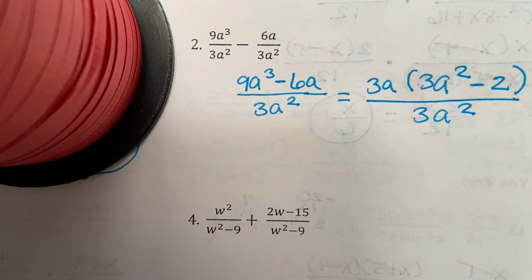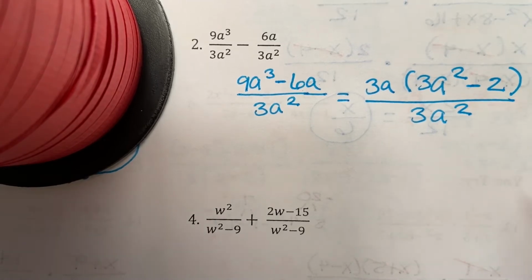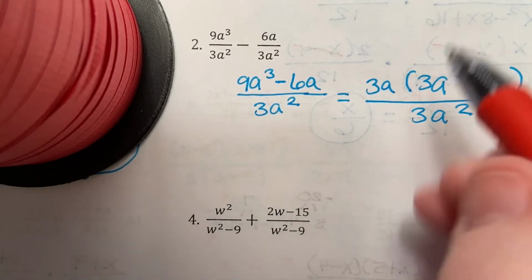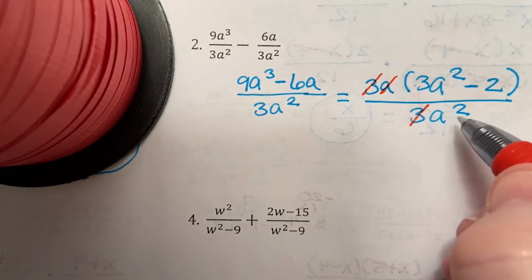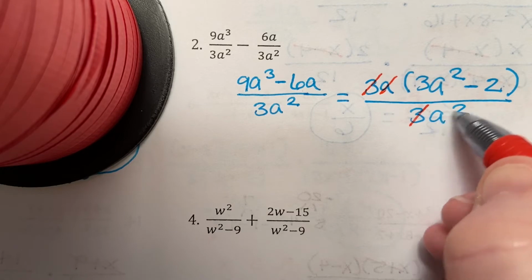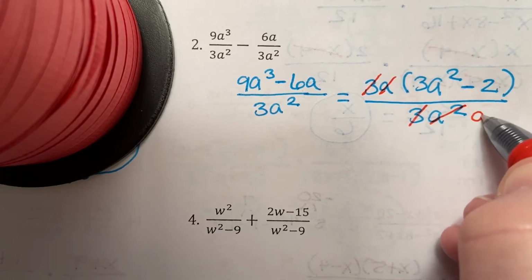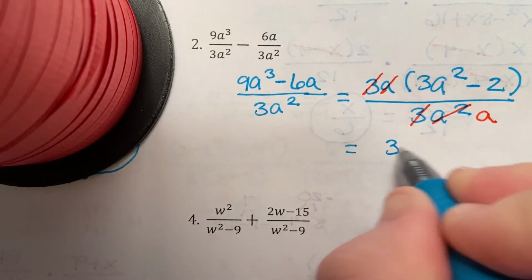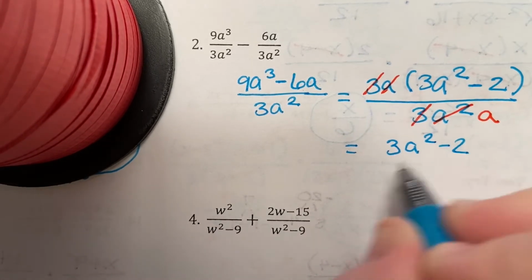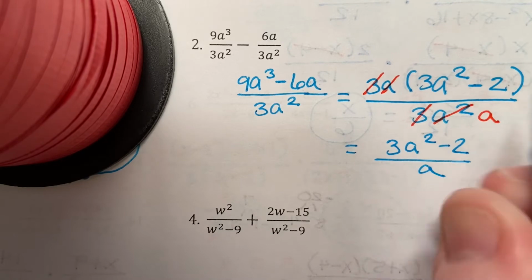Now I need to cancel some things out. Here, the 3's cancel, and then a cancels out one of these a's. So instead of a squared, I just have a regular a. That leaves me with 3a squared minus 2 over a.